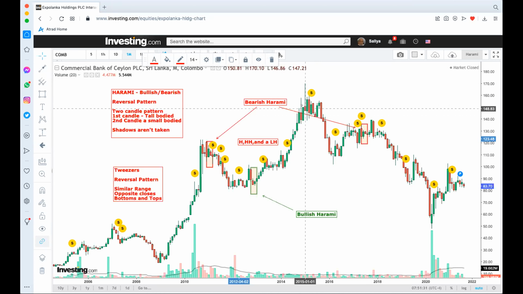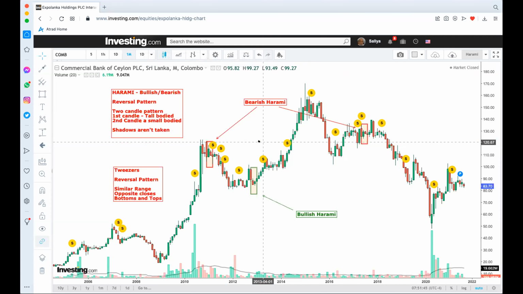Over here, the high is 170.10. Therefore, in that swing high, the value is 170.10. That is how we interpret a swing high and a swing low.